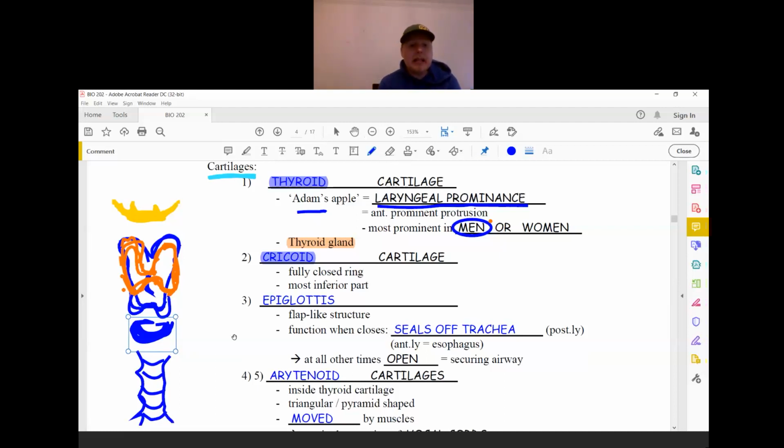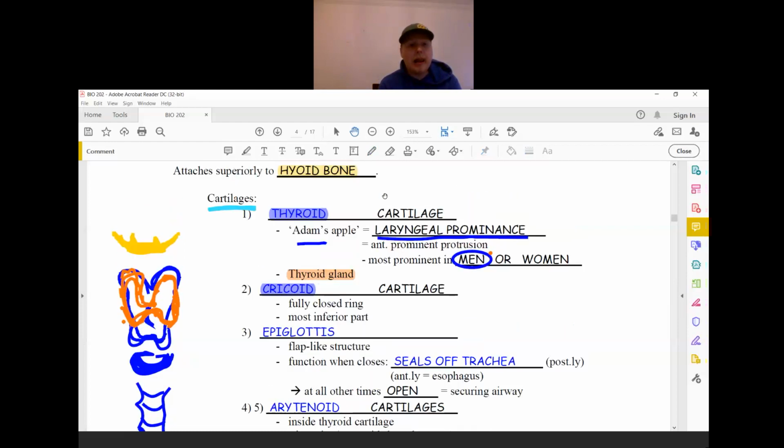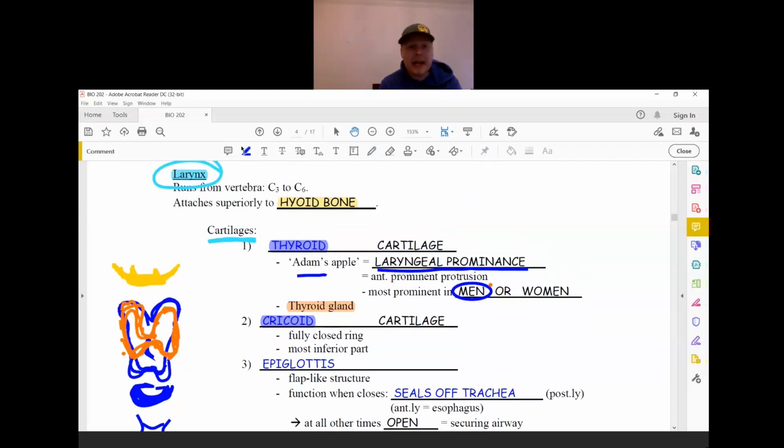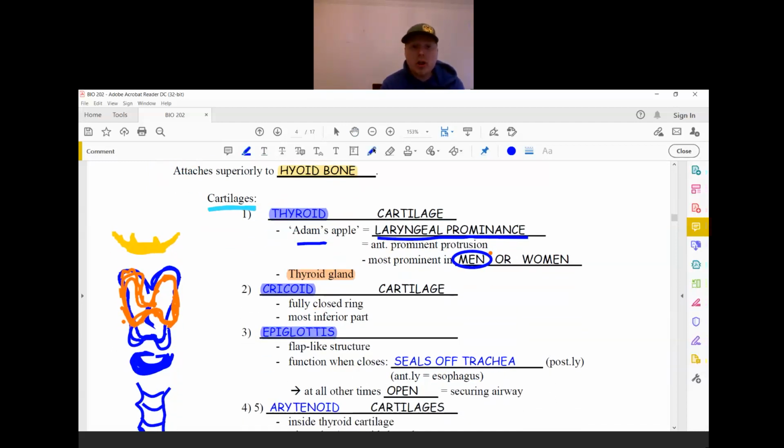What else can we see within our larynx? Well, we can see a structure known as the epiglottis. The epiglottis is this flap-like structure located behind here inside the thyroid cartilage. You can see a little bit of the peak of it poking out from there, but usually it's pretty much inside the thyroid cartilage.